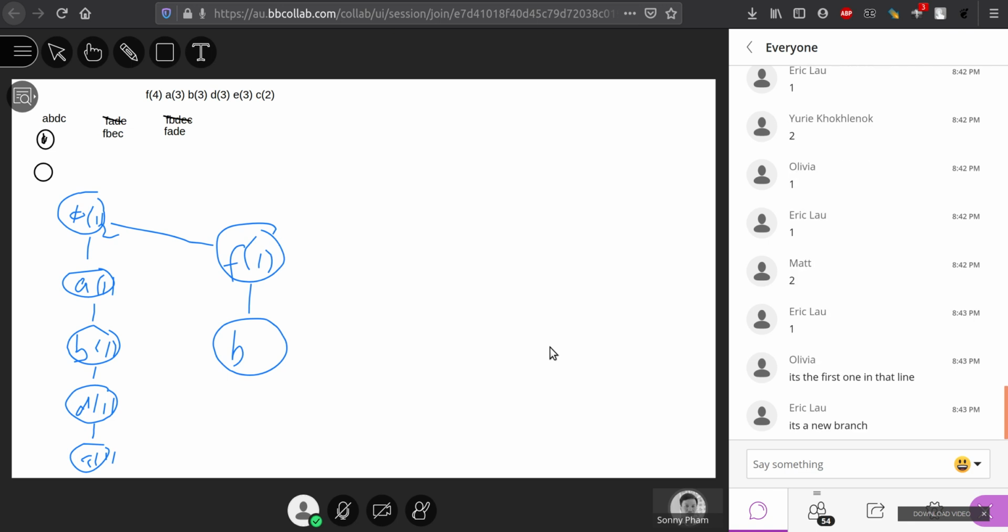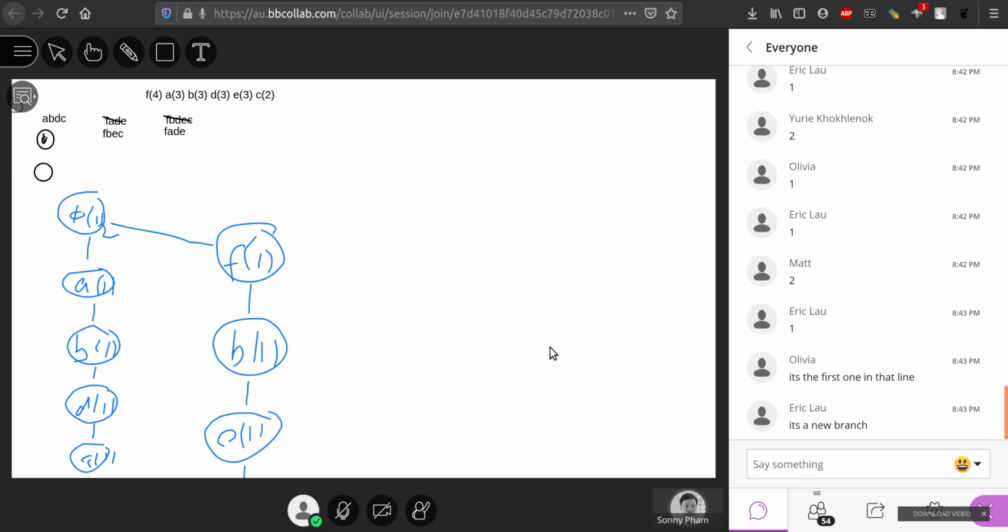Even though this is the second time we observe B, as far as this branch is concerned, this is the first time B is observed in this branch. So we still have to write 1. Make sure that you are clear, right? Don't mix up with the B from the other branch, because it's not correct. And then E here, of course, is 1. And of course, the other one, I hope you can finish the C on the bottom. Okay. Are we all clear on that?